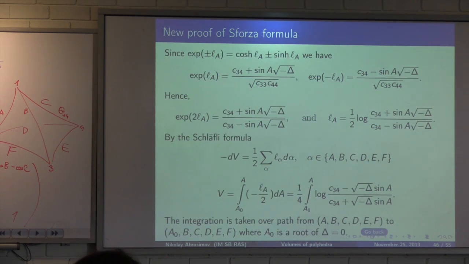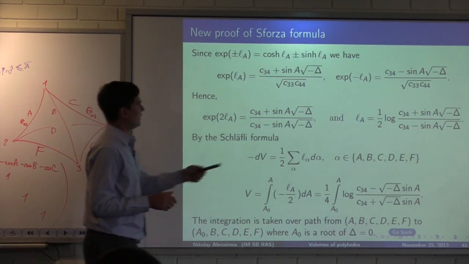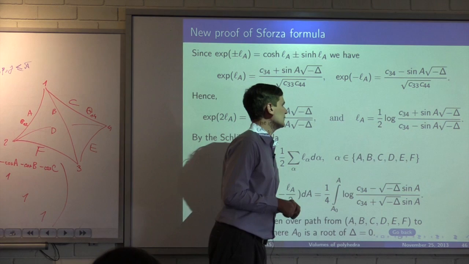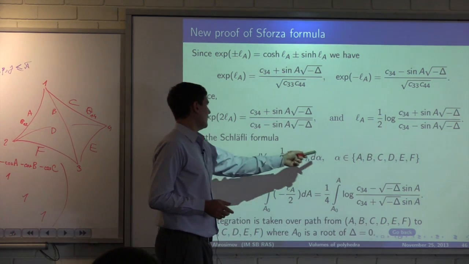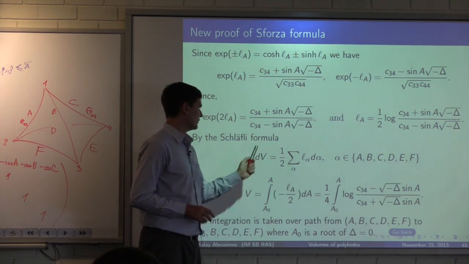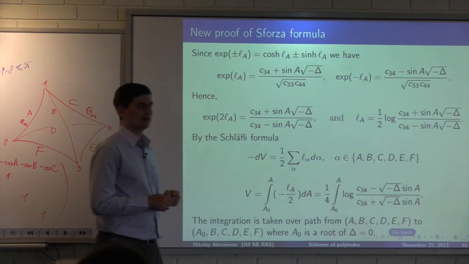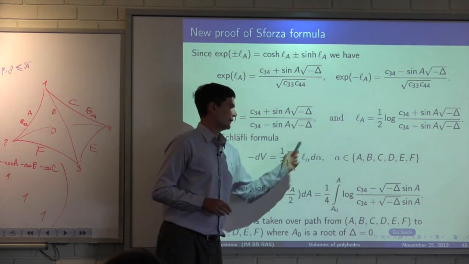So, since we imagine that all the dihedral angles besides A, that is B, C, D, E, and F, are fixed, this is just a function of one variable A. Then we use the Schläfli formula, which relates the volume differential for any hyperbolic polyhedron and the dihedral angle differentials.